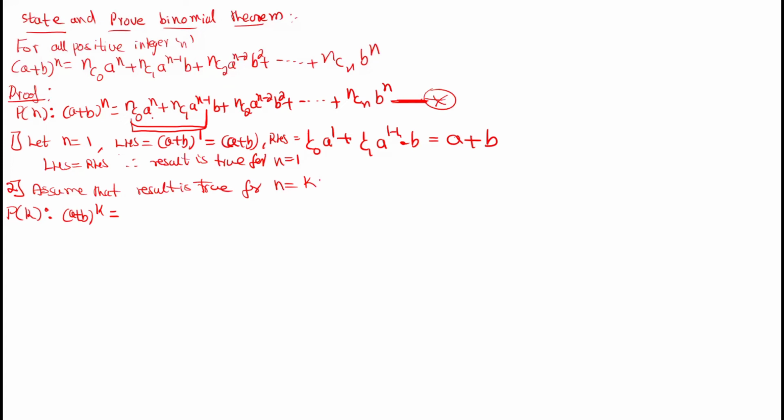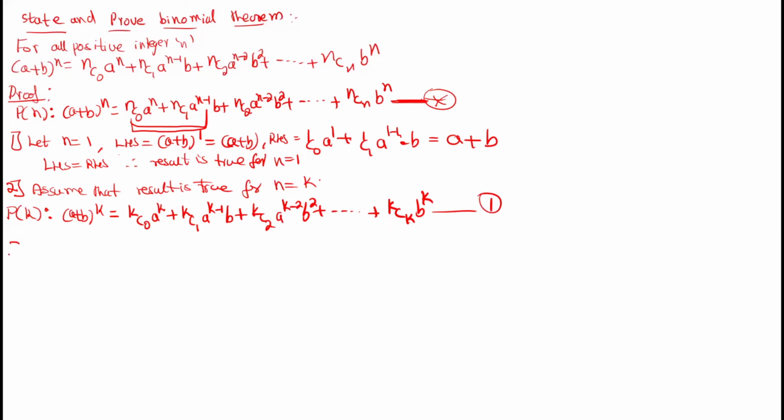Wherever n is there, replace it by k, so that you can get kC0 into a power k plus kC1 into a power k minus 1 into b plus kC2 into a power k minus 2 into b square plus ... plus you can get kCk into b power k. Take it as equation 1. So till (a plus b) power k we have the value, that is equation 1.